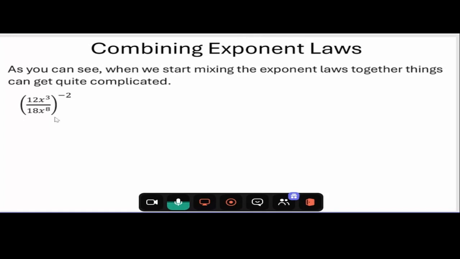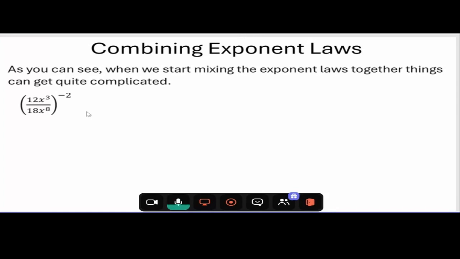There's a couple things you could do first. That's the other thing I should point out. There's not necessarily a right or wrong way to do it. You can go in different methods depending on what looks like it's going to work better for you. And some might be faster or slower. But as long as you're following the laws, then you're going to get the same answer.